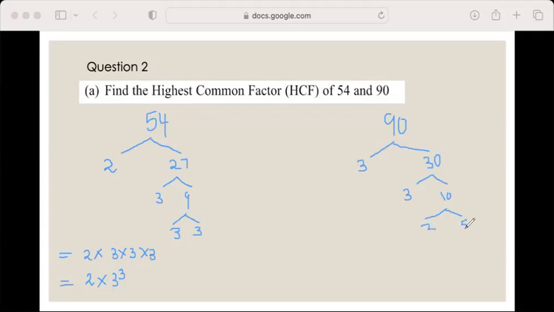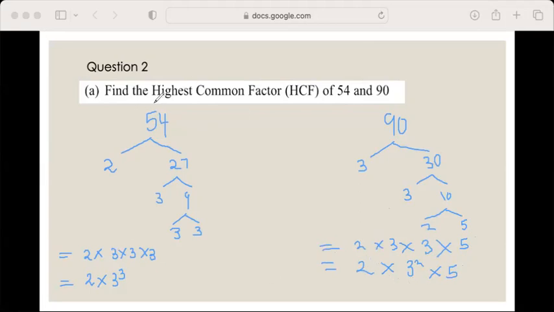So now we have the prime factors, which are 2, 3, 3, and 5. So 2 times 3 squared times 5. 2 times 3 squared is 2 times 9, which is 18. 18 times 5 is also 90. Okay, so now we have the prime factors of both the numbers.